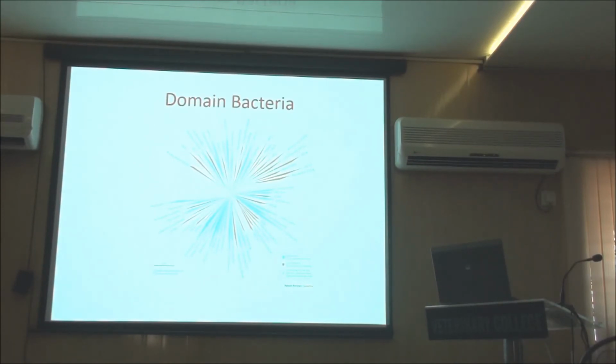So at that stage what you can do is develop a fluorescent tag using the DNA sequence. You can develop a fluorescently labeled hybridization probe for that particular phylotype.